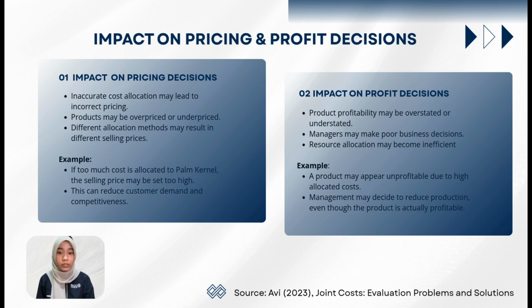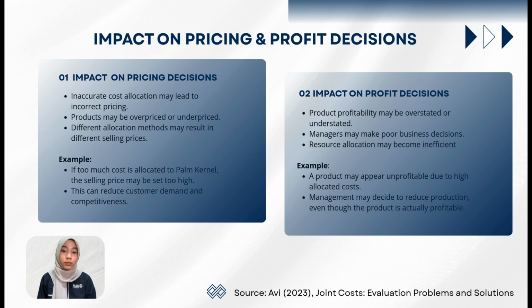Besides pricing, joint cost allocation can also affect profit decisions. Different allocation methods may produce different profitability results. Sometimes, a product may appear less profitable simply because it has been assigned a higher share of joint costs.